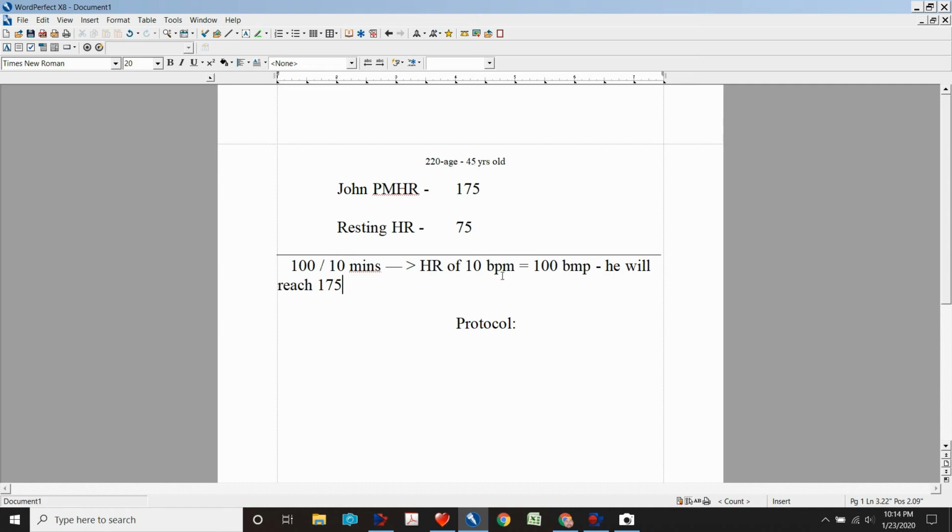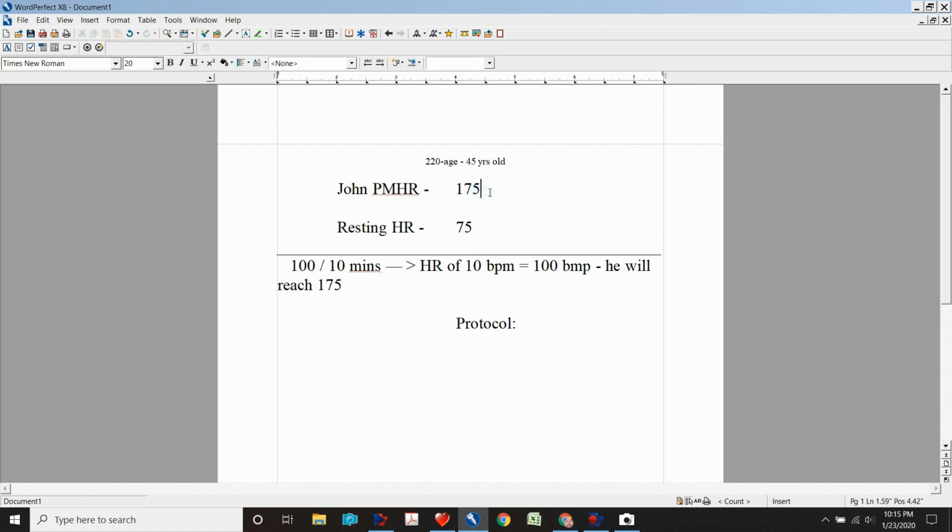So this is a simple way to take anyone's numbers and divide them between 10 minutes and be able to know how steady we can increase his heart rate every minute. So if I increase his heart rate by about 10 beats every minute, and I do that for 10 minutes, I've got that 100 beats that we're looking for.